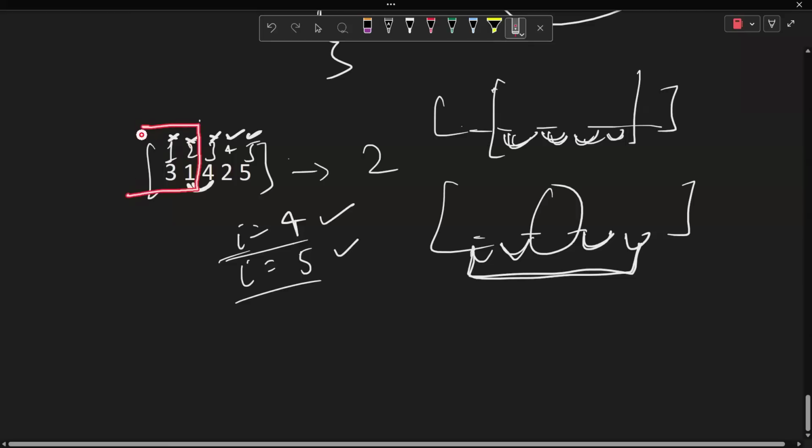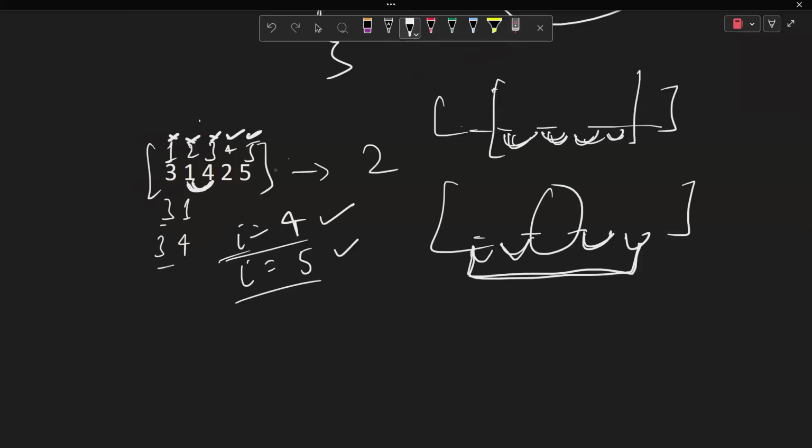Before, i equal to 2 was 3, 1. Now, after swapping, it would become 3, 4. So still 3, 4 is not a permutation. But this could have made a change to our answer, we can think.